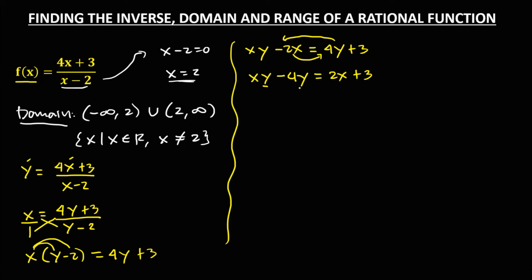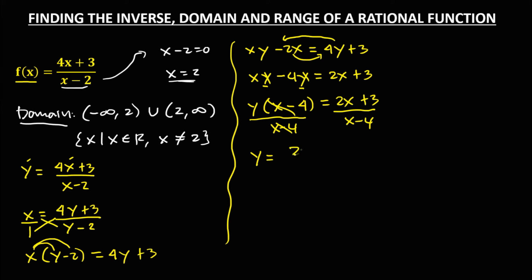Then we need to factor out this y, so we have now x minus 4 times y equals 2x plus 3. Then divide both sides by x minus 4. So therefore, y is equal to 2x plus 3 over x minus 4.